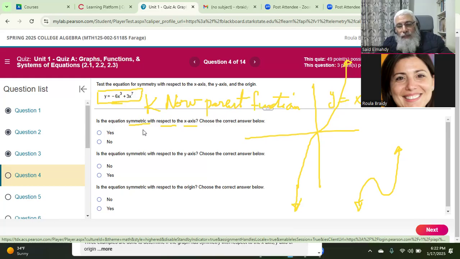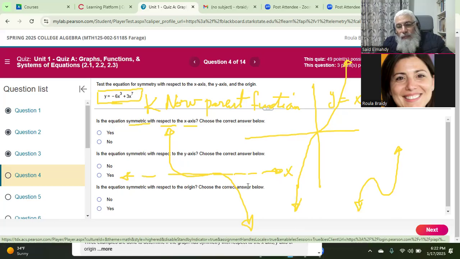This is negative, so negative will go down. It will go down like this. So either way, it is not symmetric with respect to the x-axis. If this is the x-axis, it cannot be symmetric with respect to the x-axis, because it's negative, so it's going down.